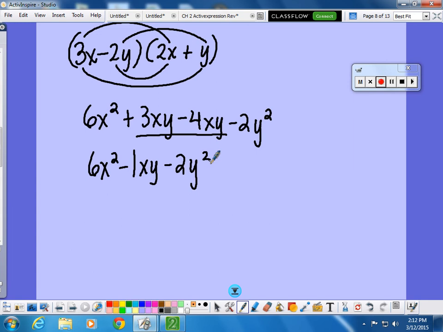If I have x and y like I do here, what variable will I look at? x, because it comes first alphabetically. So I have an x squared, I have an x to the first, and I have an x to the 0. I don't have an x at all, right? So this is in descending order with respect to x. And that's what I wanted.